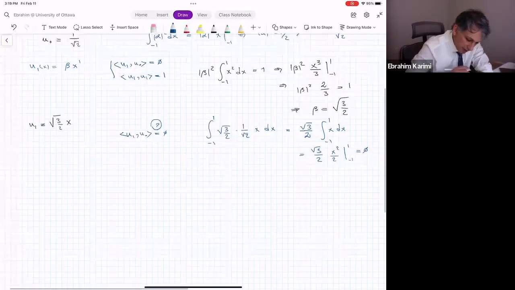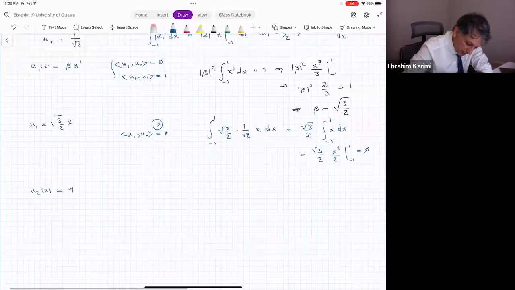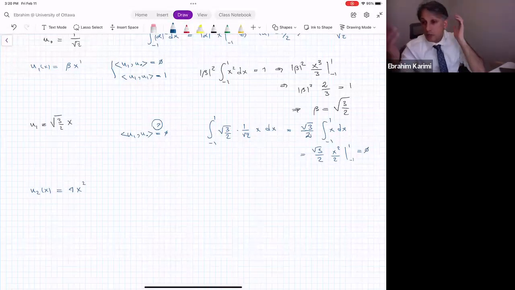Now let's go and build up the other function, the second one, which is u2. And what we are expecting as u2 of x is, let's say, gamma of x power of 2. Okay, this is the logical way of thinking. We say that from the first one, we got that it is orthonormal now.